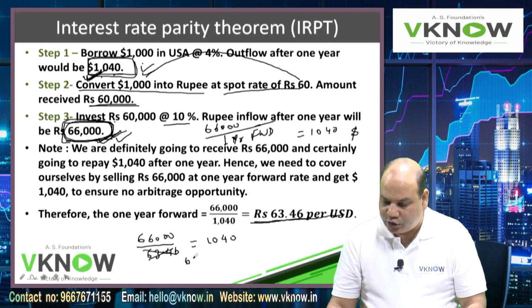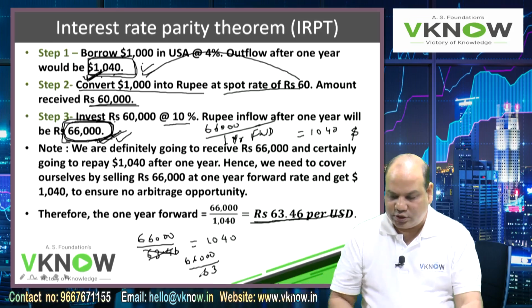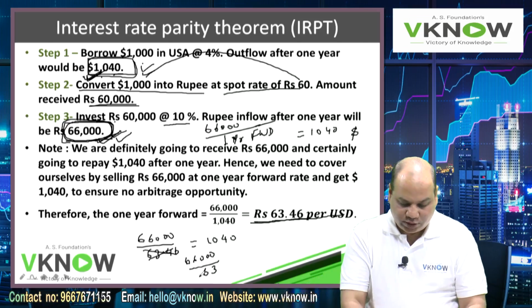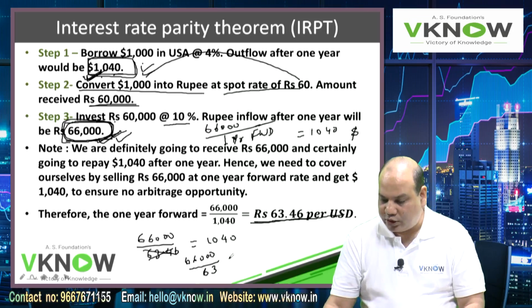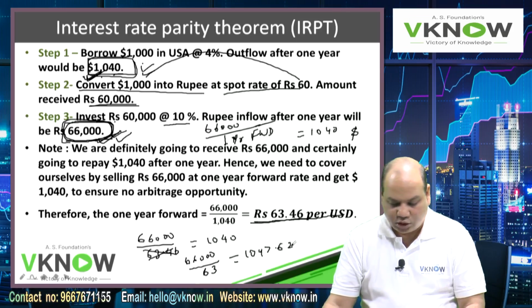Now suppose the forward rate is not 63.46. Suppose for the sake of understanding, the forward rate quoted by the bank is only 63. So 66,000 divided by 63, you will actually get $1,047.62. So what will you do?